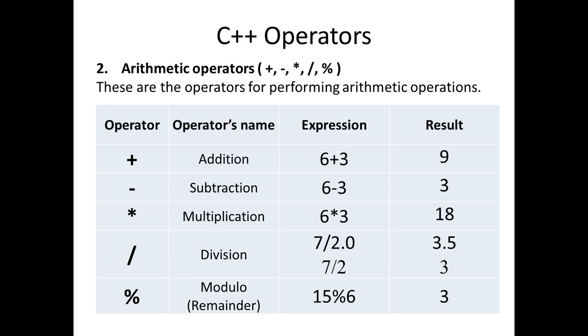For modulus, only the remainder is important. It will truncate the integer part of the result and give you only the remainder. That is why the result we have is 3. So we're going to go into the Code::Blocks IDE to demonstrate these operators right away.